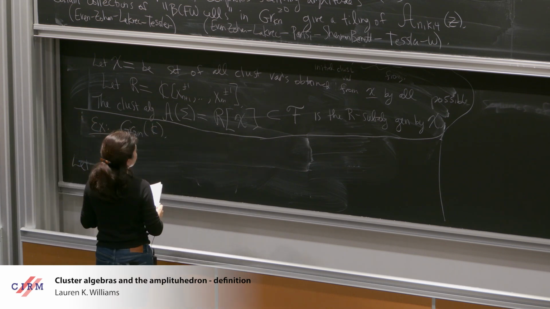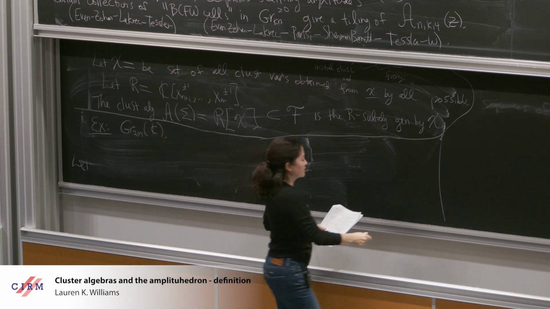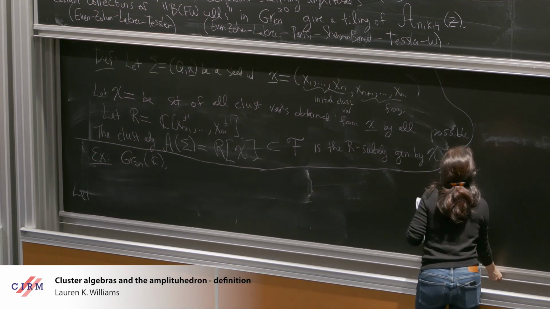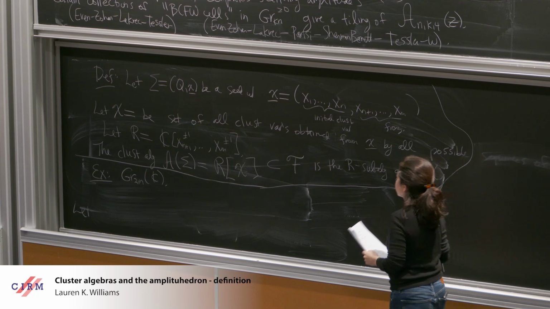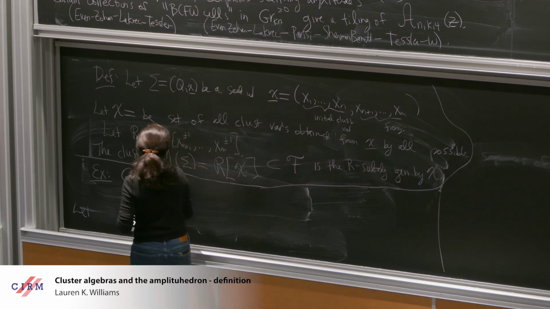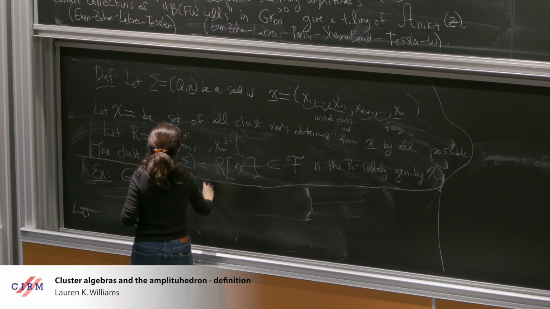We can talk about the Grassmannian of two planes in n space, and then we can talk about the coordinate ring of the affine cone over the Grassmannian.